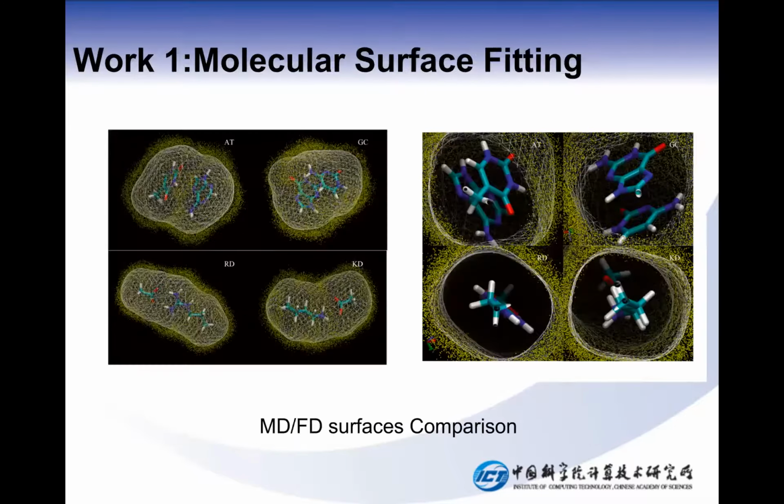Next, we couple molecular mechanics to fluid mechanics and do an MDFT surface comparison with the explicit solvent model. You can see both the fluid dynamics implicit solvent model and the explicit solvent dynamics fit well on the boundary, which gives us an insight that the fluid dynamics algorithm can replace the traditional explicit solvent model.